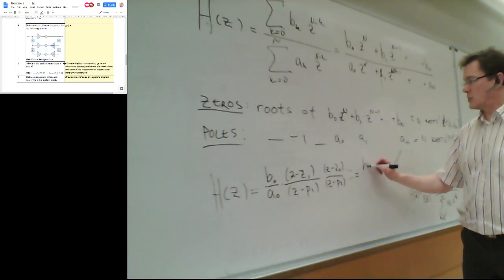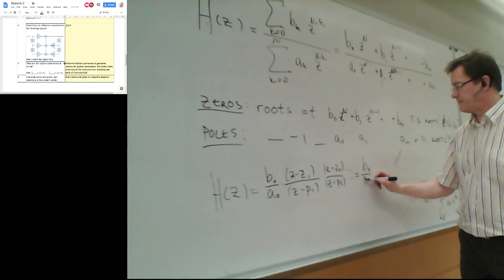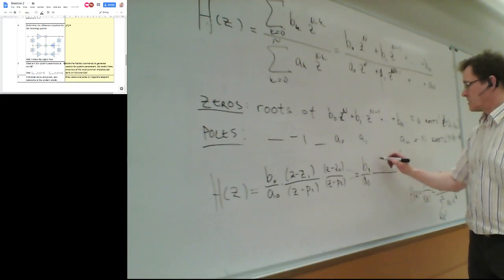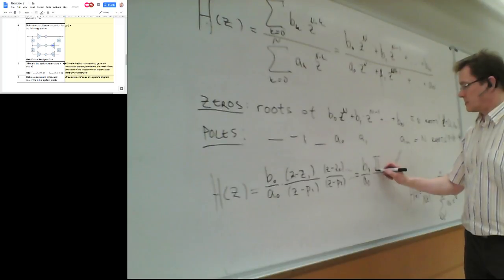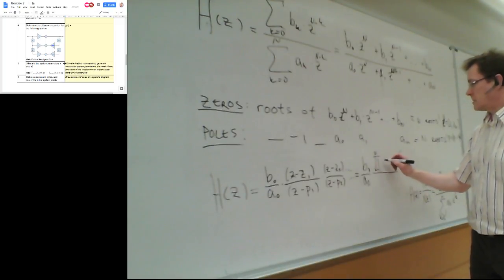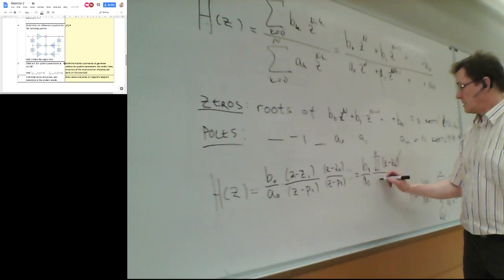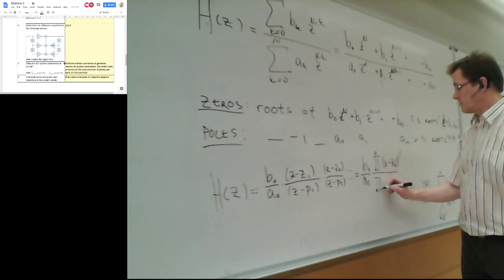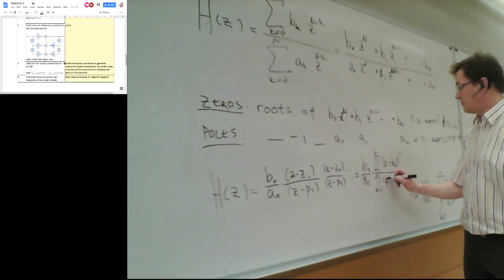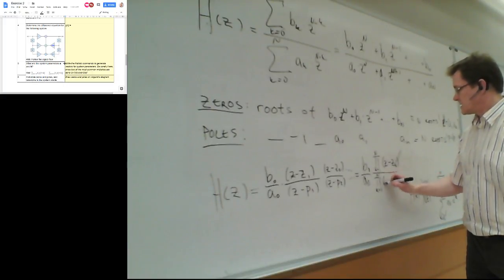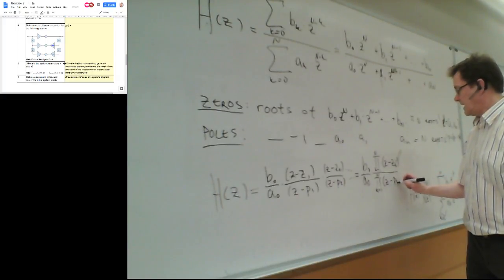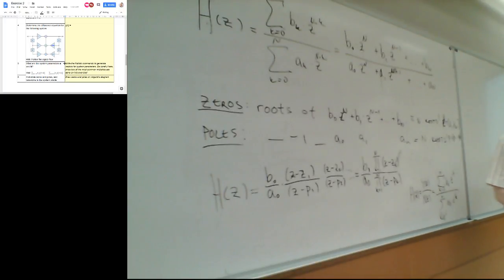So basically, it's a product form: the product from 1 to n of z minus zk divided by the product from 1 to n of z minus pk. Good.